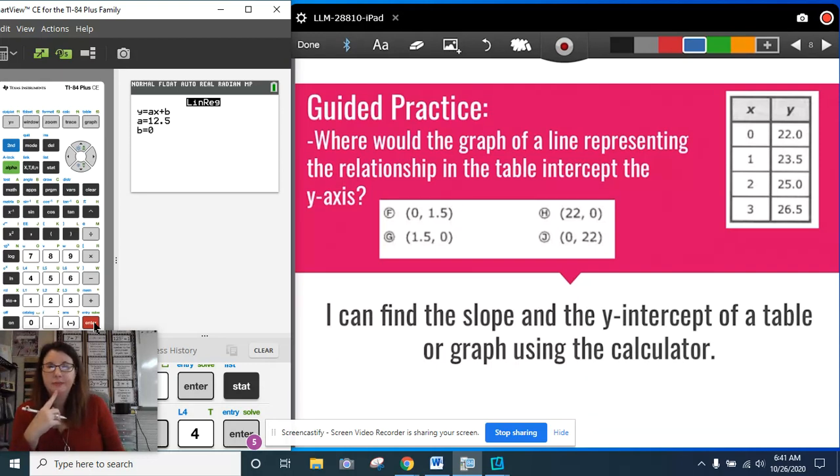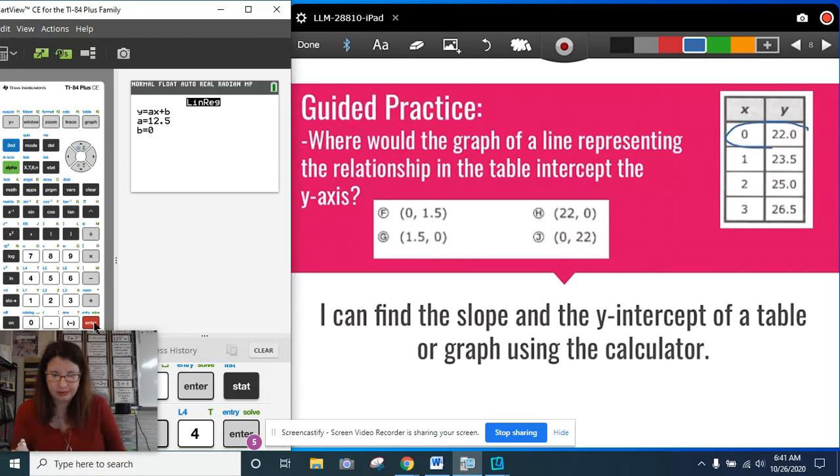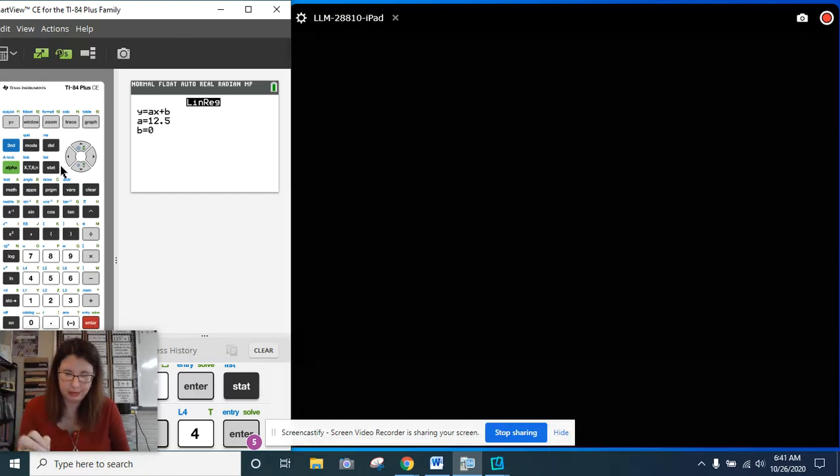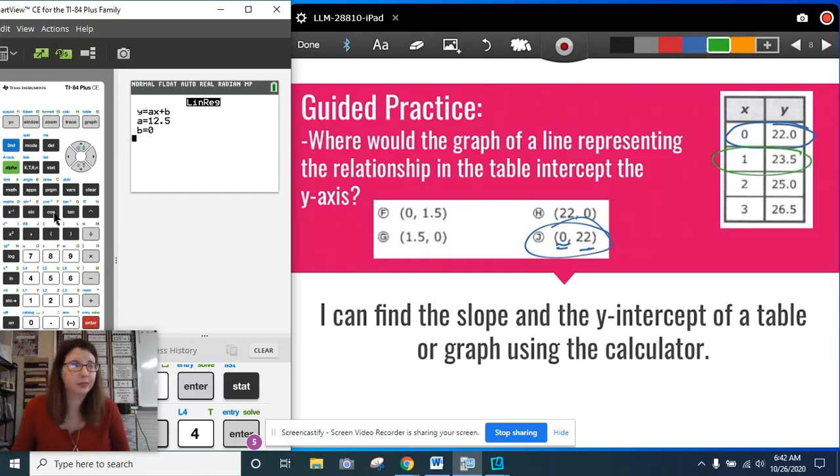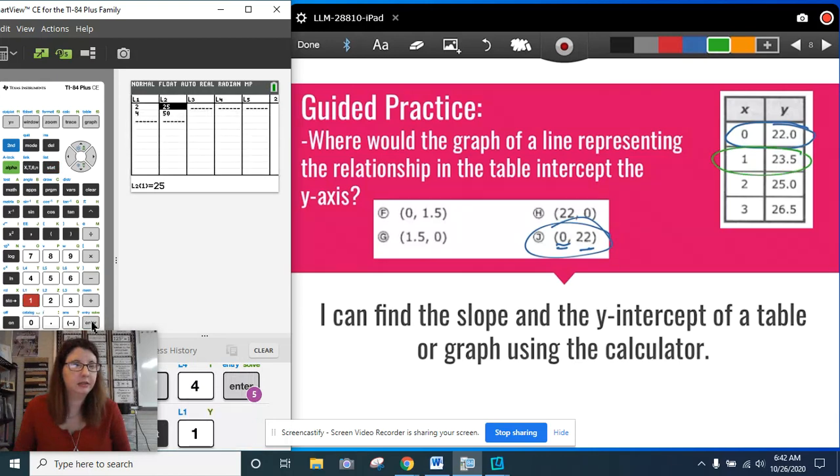So pause it. Now, if we are looking at intercepts, this is going to be my intercept. My X is going to be 0. My Y is going to be 22. If you want to double check this work, enter 2 points into the calculator and double check your work. So stat 1, I'm going to toggle over. 0 and 1 are the numbers that I'm going to put into the calculator.